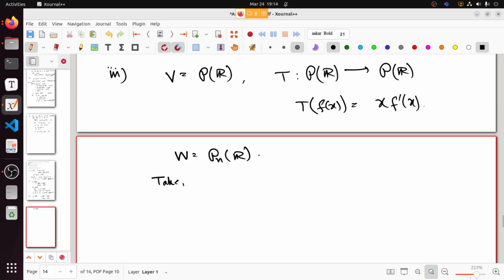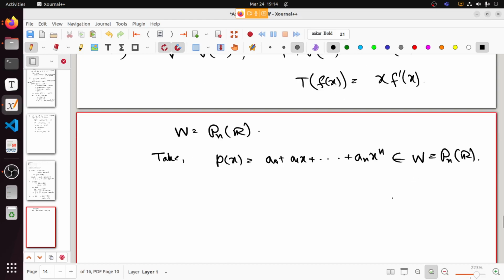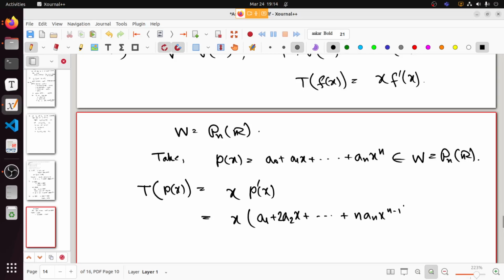So take p(x) equals a0 plus a1 x plus dot dot dot an x to the power n. This is in W. Apply T of p(x), so it is x times p dash x, right? What is p dash x? It is a1 plus 2 a2 x plus dot dot dot n an x to the power n minus 1.